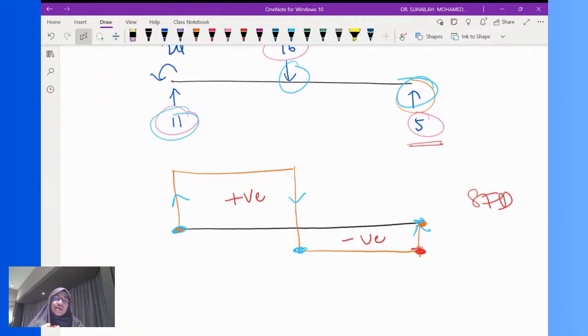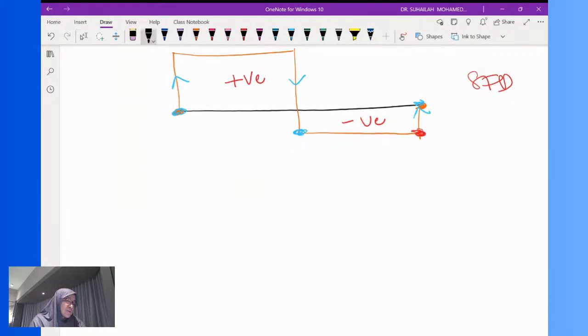That is another solution. Actually, we can draw the bending moment diagram by finding the area of the shear force diagram. So draw the line. Remember the diagram starts at 0 and ends at 0.